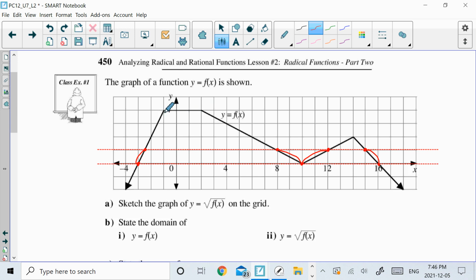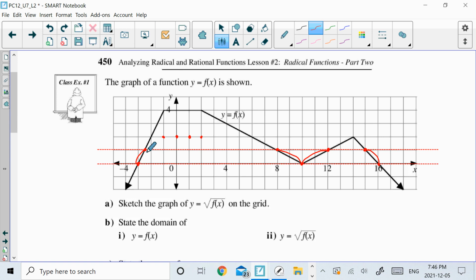So remember, it's always your original x-coordinate, and then it's going to be the square root of the y-coordinate. So this point on my radical graph is going to be -1, square root of 4 is 2. This point, it's going to be 0, the same x point, and the square root of 4 is 2. This point, square root of 4 is 2.